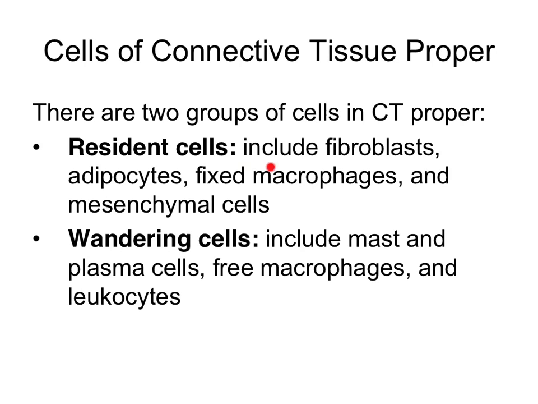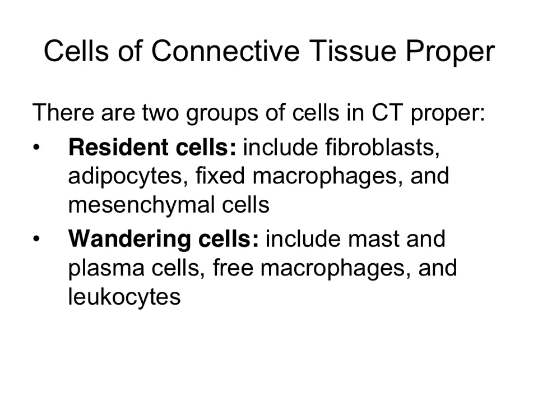The kinds of cells that they are include these things. You have your fat cells, right? You have fixed macrophages, which are part of your immune system. Mesenchymal, so these kinds of names here are part of where these cells originate. And then the second kind in part 1 are wandering cells.